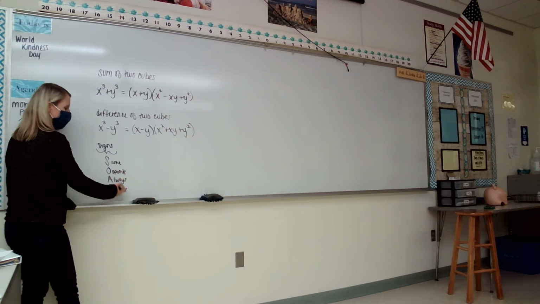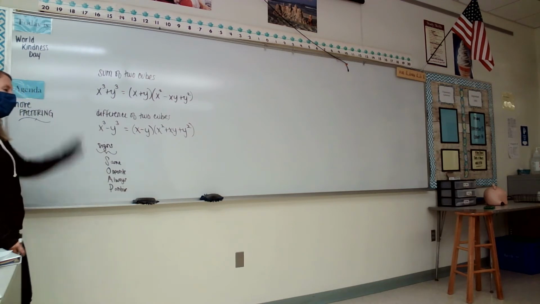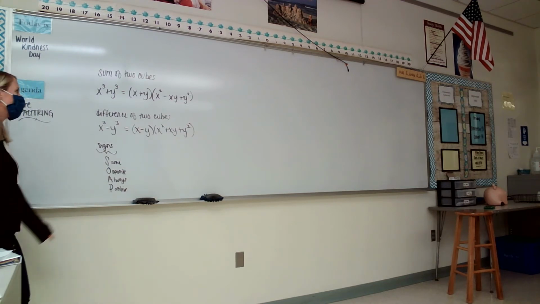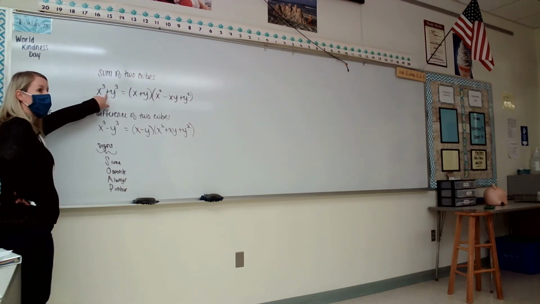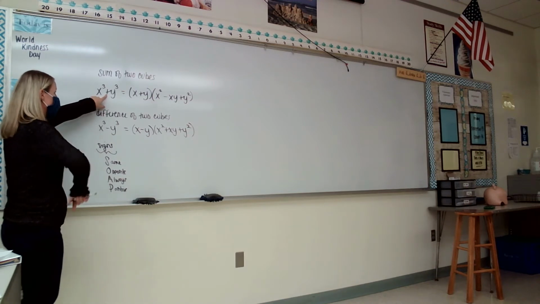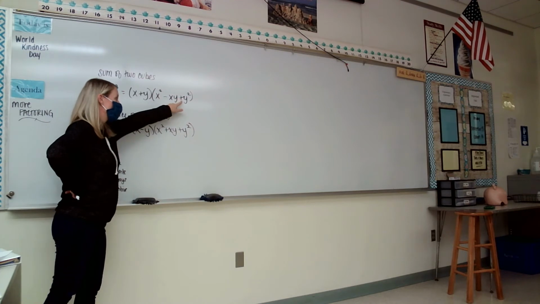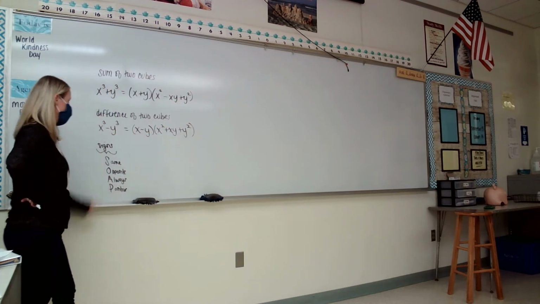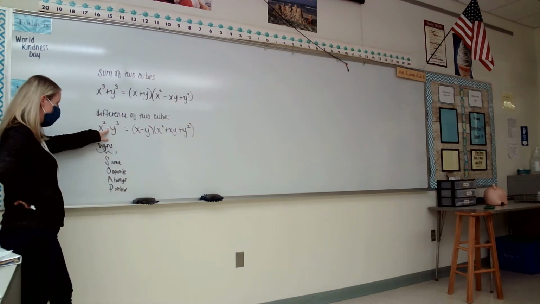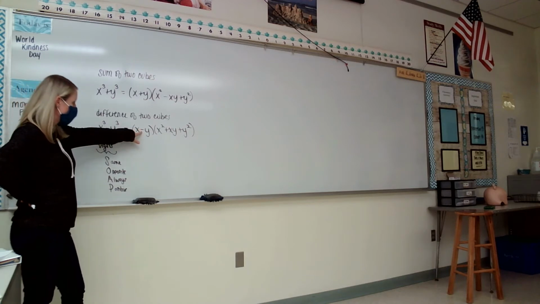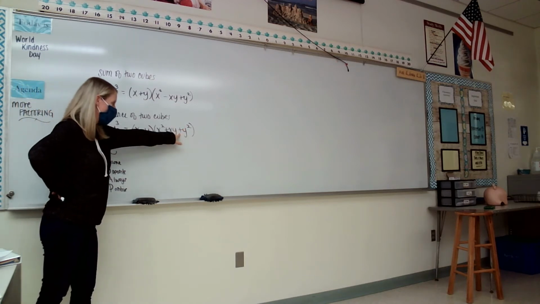In my head, I still say soap to myself sometimes because I know how to do all the steps. I'm like, oh shoot, is that positive or negative? So see how this is a plus. When I say soap, that means this is the same, this is the opposite, and this is always positive. And then the same thing for this. Since this is a minus, the signs are the same, opposite, always positive.